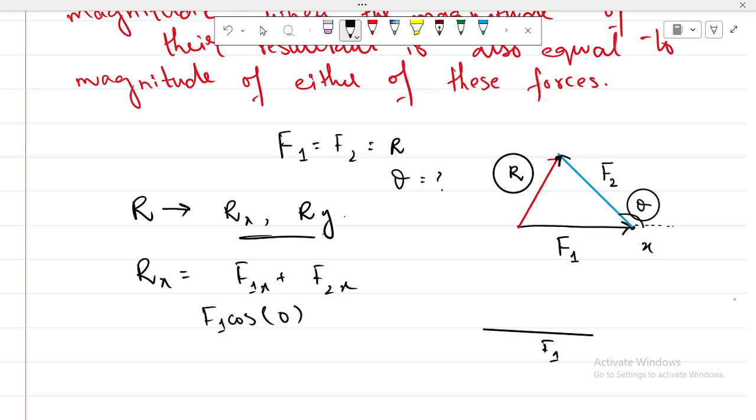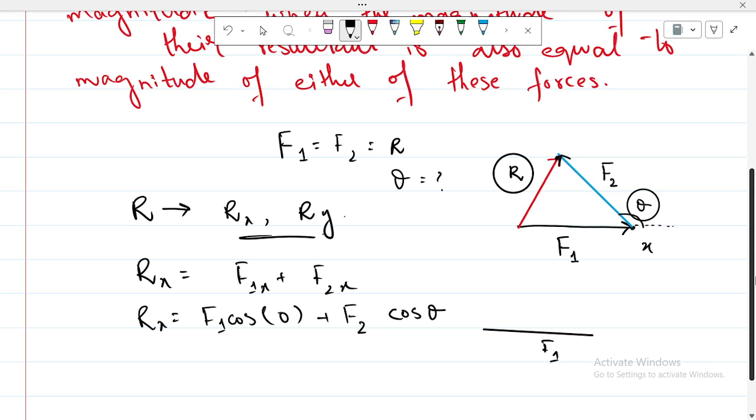F2 is making an angle theta, which is still unknown, so we write it as it is, F2 cos theta. So Rx equals F1 cos 0 plus F2 cos theta.